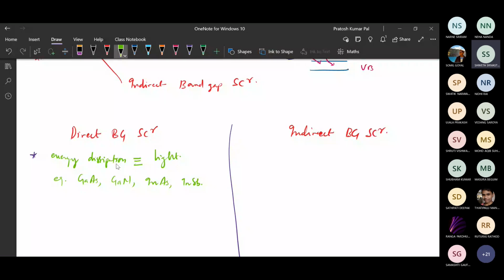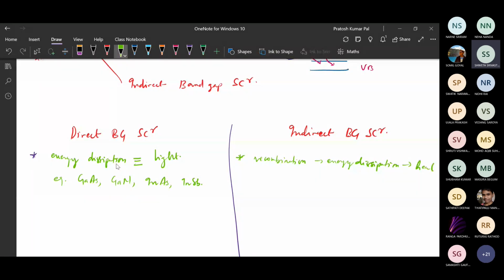In indirect band gap semiconductors, the recombination is such that the energy dissipation will be in terms of heat.